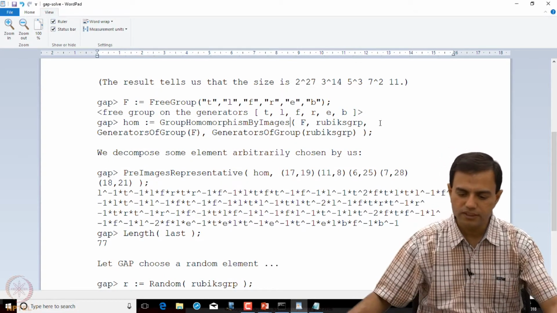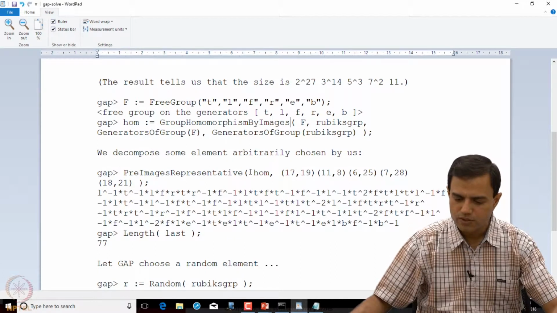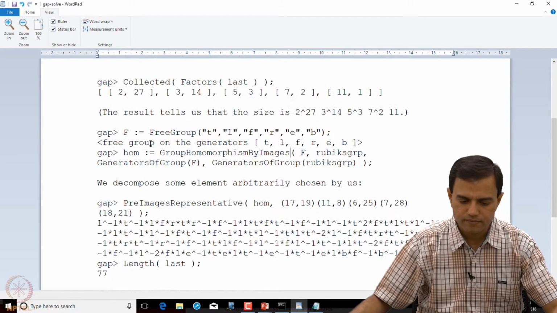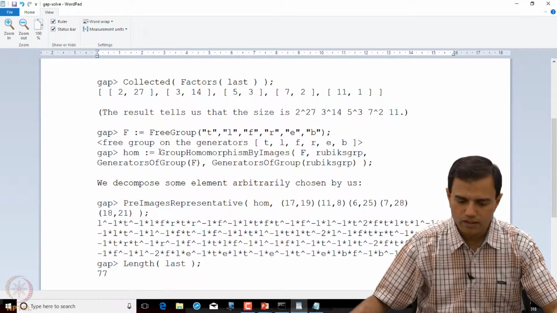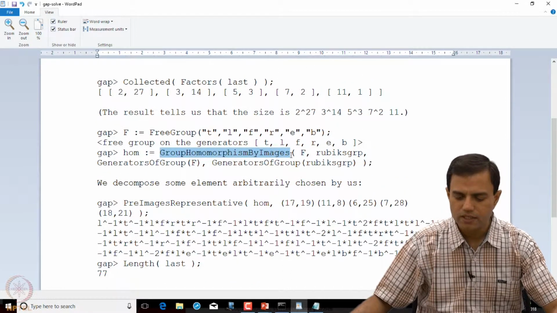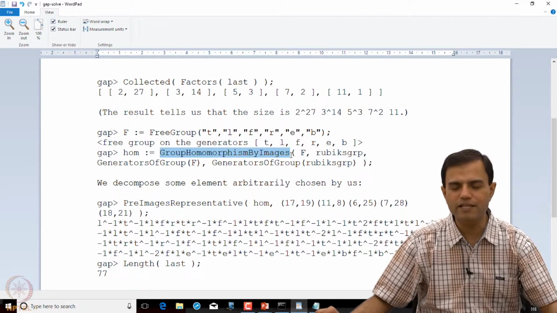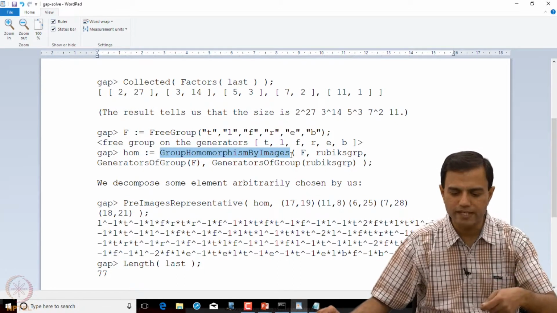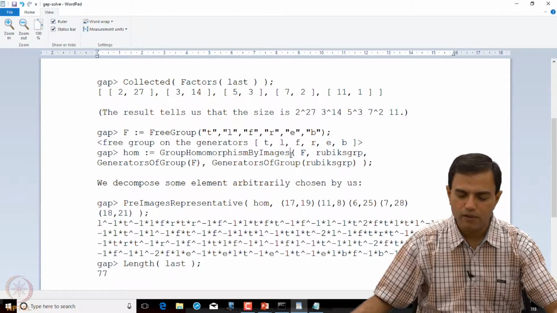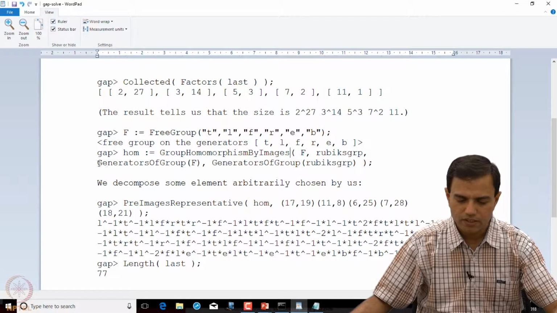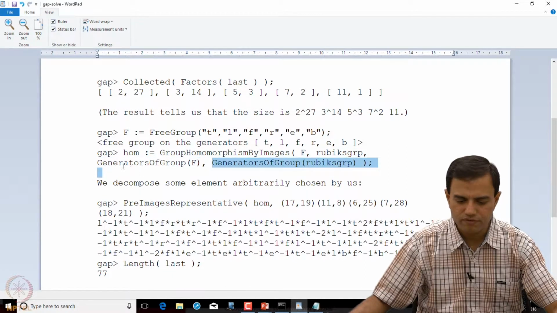And how do I do this? Here is this command, group homomorphism by images. I will specify that this element goes to that element, this element goes to that element, and like that I specify the homomorphism. So let us see what the generators of group F are and what the generators of Rubik's group are.